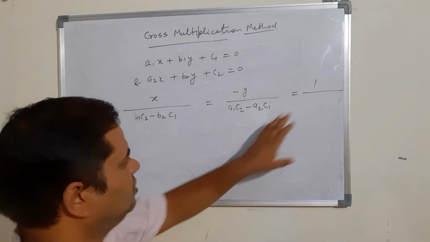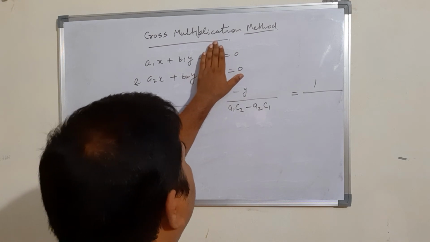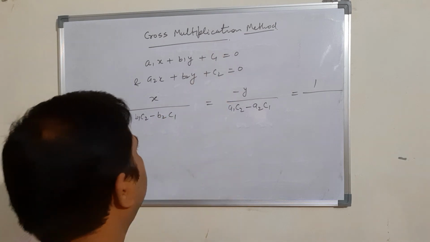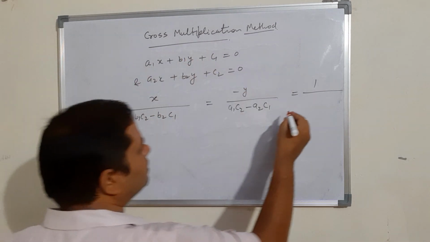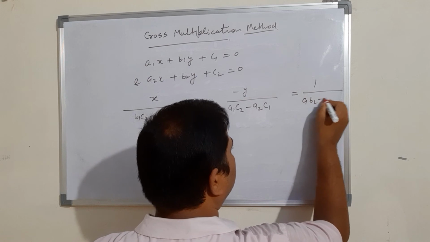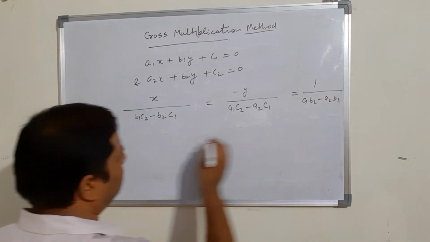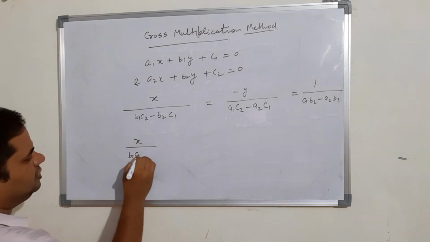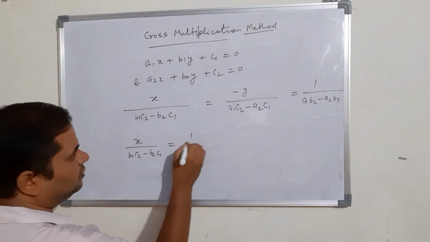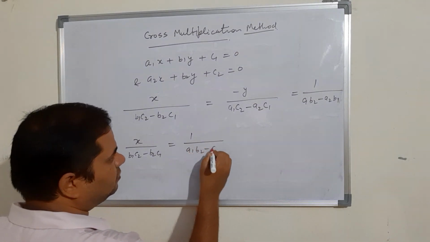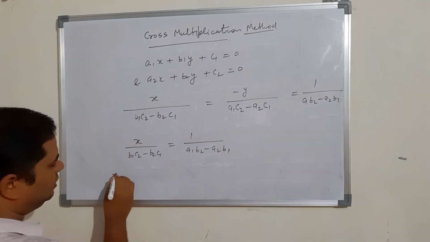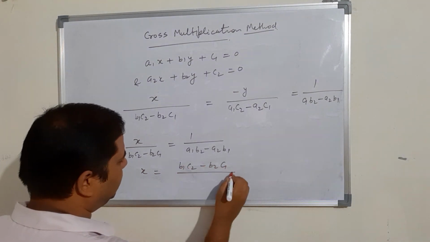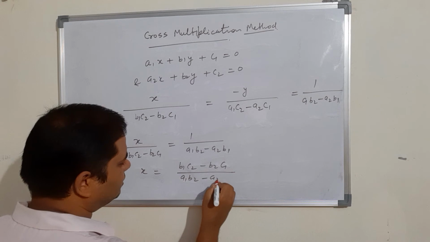And for the constant term, we keep the constant term invisible and write a1 b2 minus a2 b1. Then, x upon b1 c2 minus b2 c1 is equal to 1 upon a1 b2 minus a2 b1, which implies x is equal to b1 c2 minus b2 c1 divided by a1 b2 minus a2 b1.